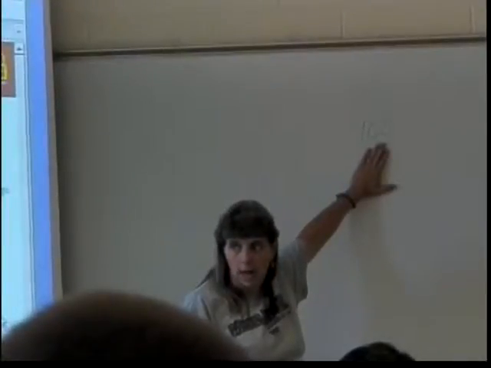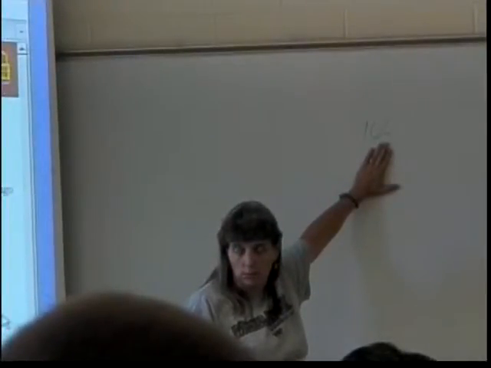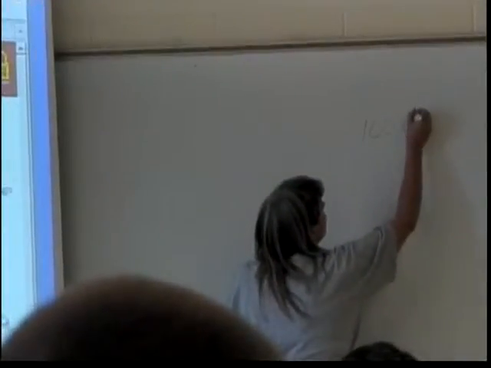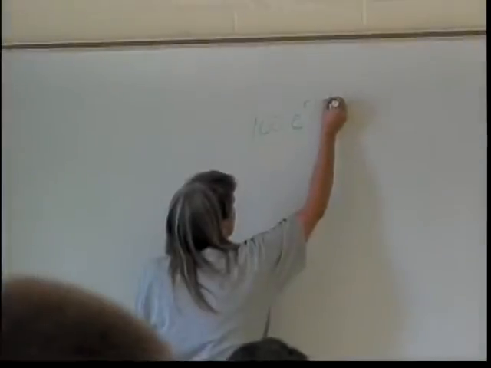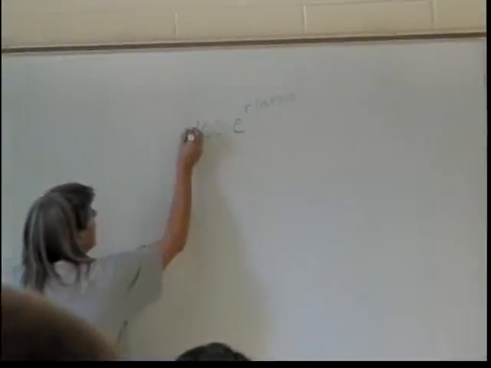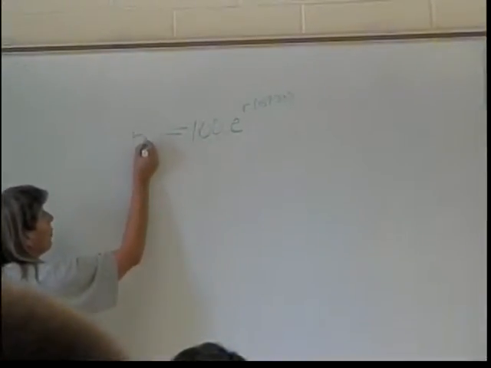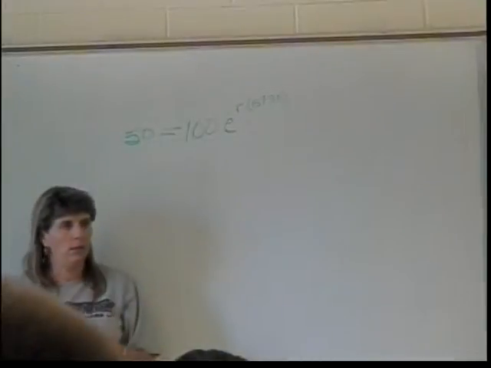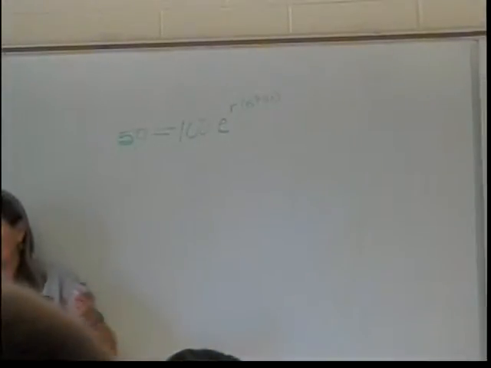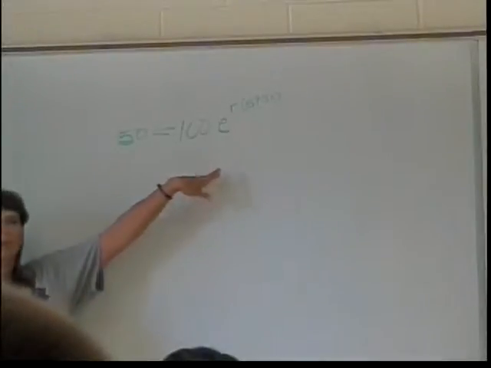So I can use that to find out R, because I know that in 5,730 years, I'm going to end up with half of what I started with, or 50% of the carbon-14. So then I work through this to solve for R.